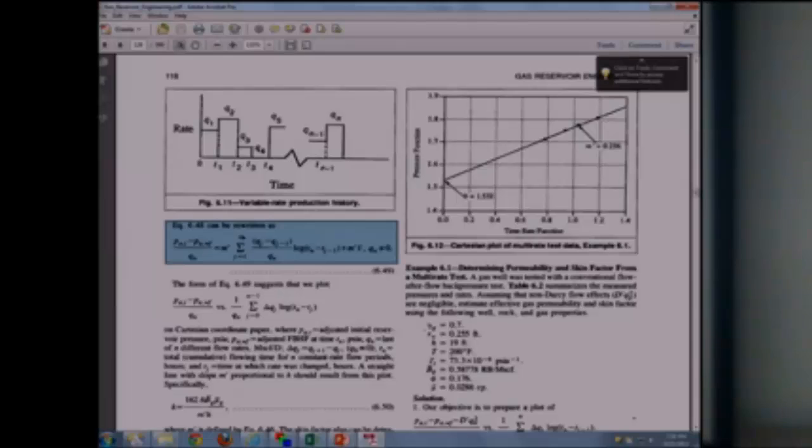So you use all the rate time history to that point, and it corrects the variable rate history as if it was produced at constant rate.